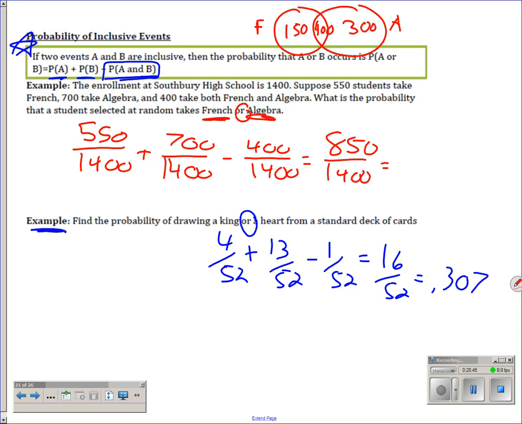If you add those numbers up, you get 850. But remember how we talked about our whole universe of students. There's 850 here. 1,400 minus 850 is 550. So 550 are outside, so it's not going to add up to the total. Not every student at the school is taking French or algebra.